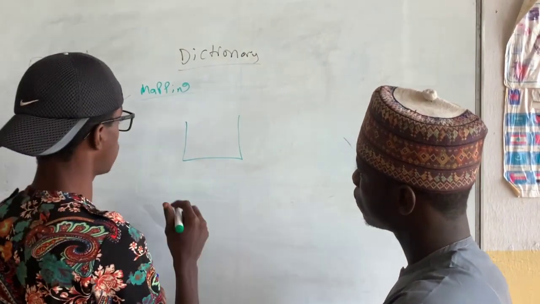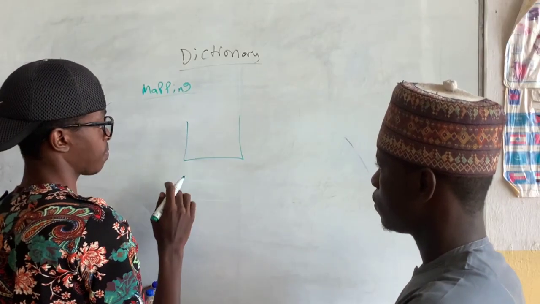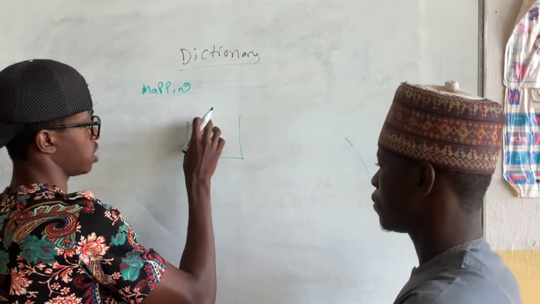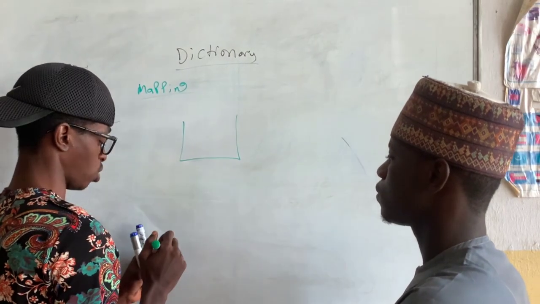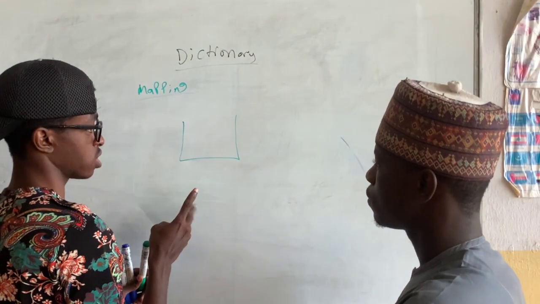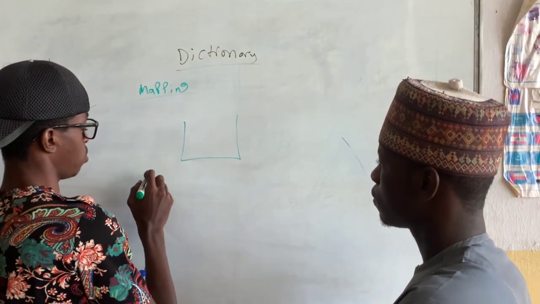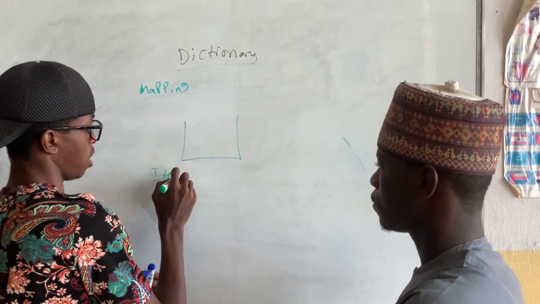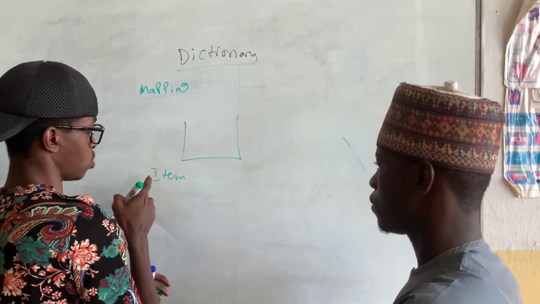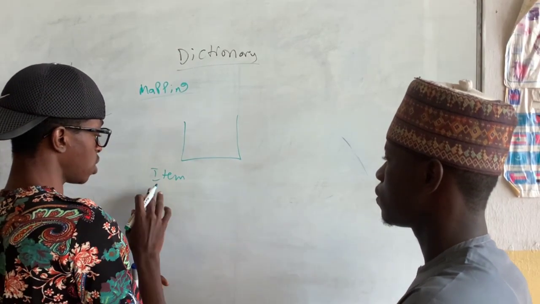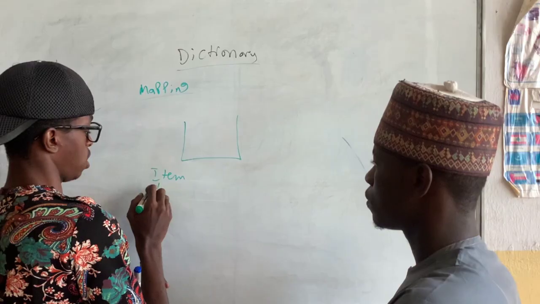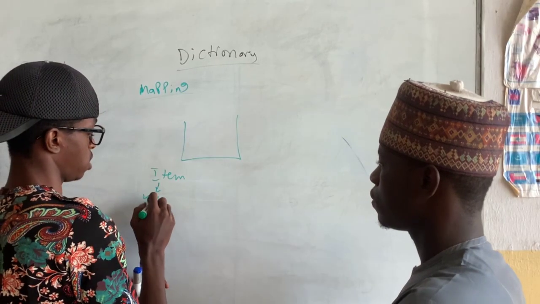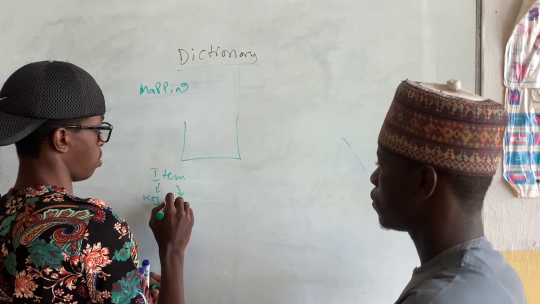When it comes to storing data in a dictionary basket, you have to put two things as one thing. For example, you have an item and you want to store it. This item is going to contain two things. Number one is the key, and number two is the value.